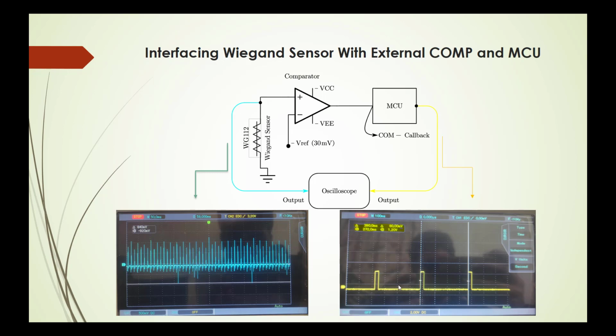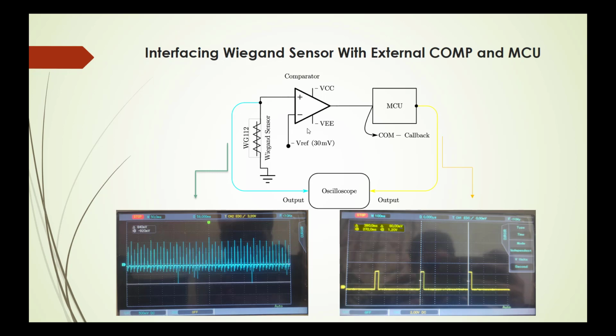But whenever you use the internal reference voltage, the problem is that the output voltage may change. Like whenever the reference voltage is VCC divided by 2 or 4 prescaler, by increasing the reference voltage, the output voltage may be affected. But the limitation of the external comparator is that it consumes some power.